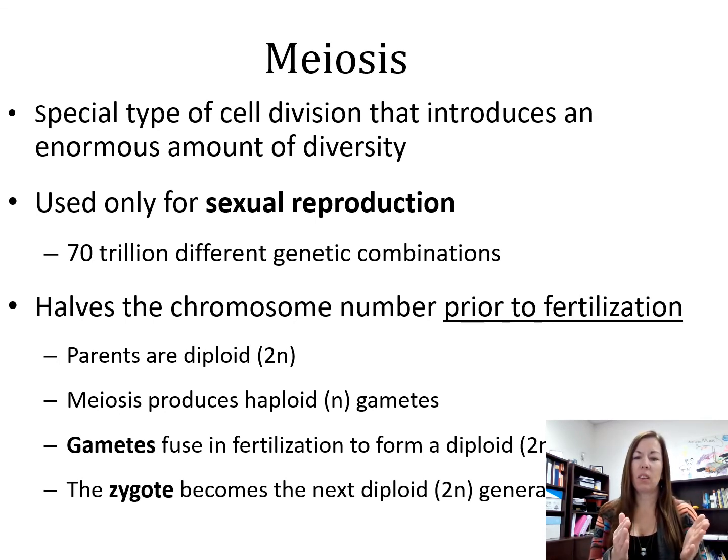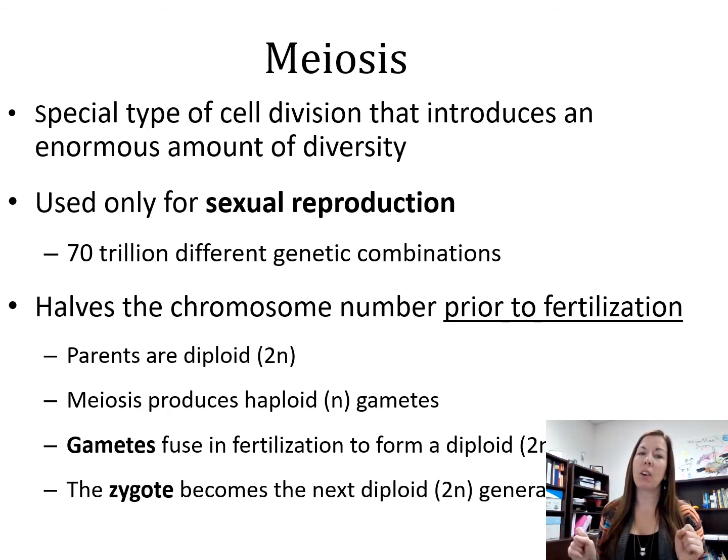And so then that mother cell will divide and you'll end up with two genetically identical daughter cells. By genetically identical, that means they have the same chromosome number as the parent. The daughter cells both match the parent cell, and that's how it goes.